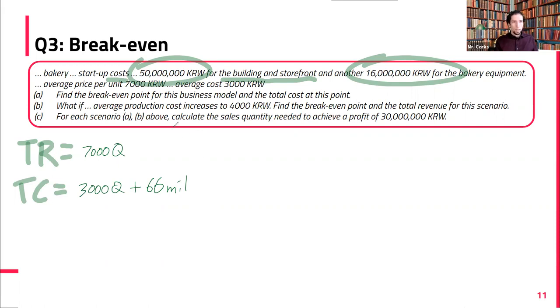Okay, and then how do we find a break-even point based on this? Profit equals 0. Okay, so our profit is total revenue minus total costs. Right, TR minus TC, we set that equal to 0.